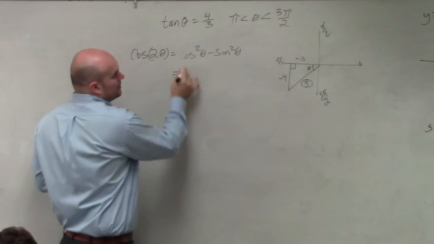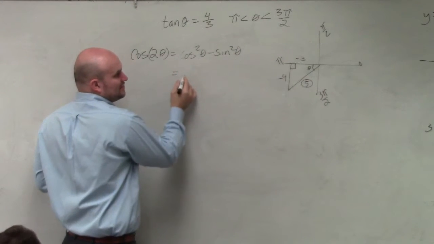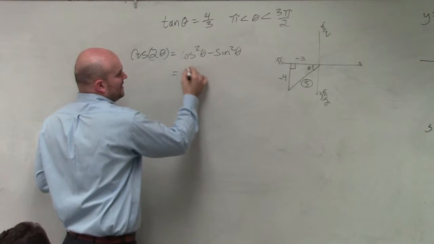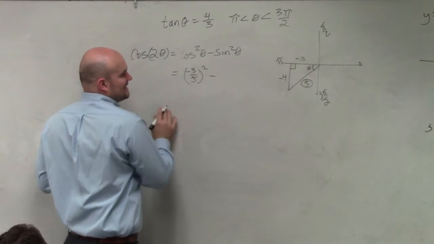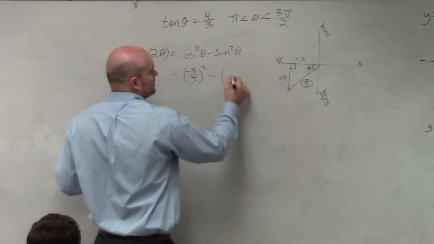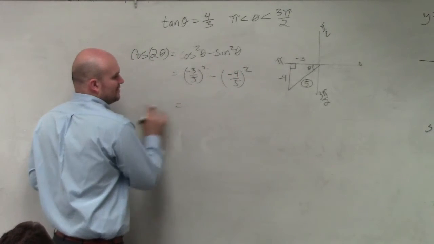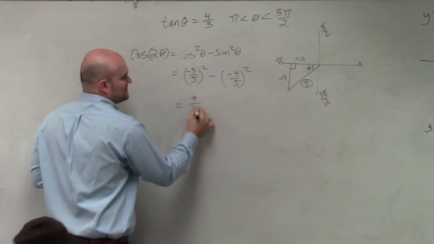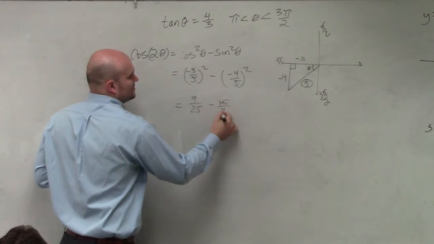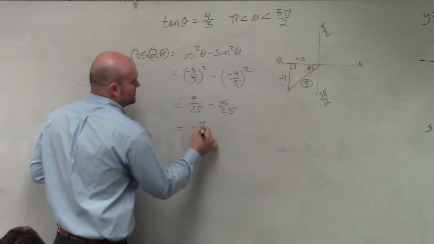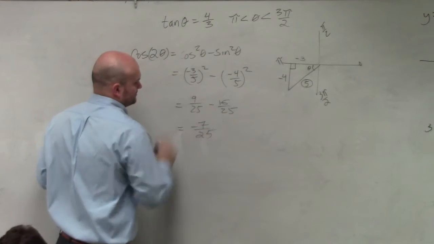So cosine is going to be adjacent over my hypotenuse, which is -3 over 5 squared, minus sine squared, which is -4 over 5 squared. So therefore, this becomes 9/25 minus 16/25, which equals -7/25.